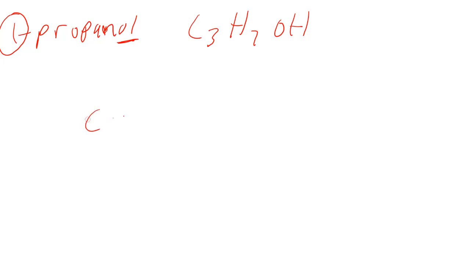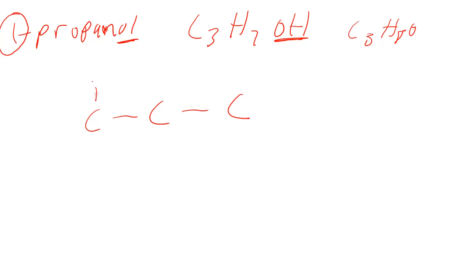When I make my carbon chain, the 1 tells me that the alcohol group, which is this OH here, is on the first carbon. That's why we write this separately, and you can also write this as C3H8O. But a lot of times we'll write it as C3H7OH, because that gives us a little bit more of what the structure looks like.